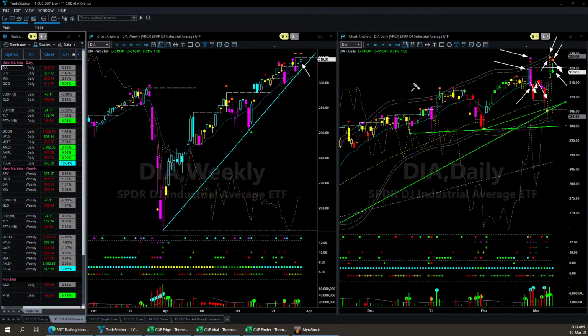Those requirements are not met, though it reverses from watermark resistance with high volume. It doesn't have a box short setup, however, individual Dow component stocks may have a short setup right now, either box setup or headwind short setup probably.